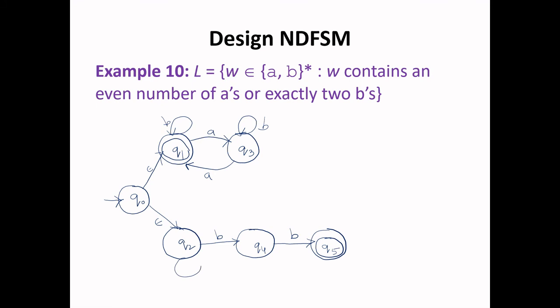So here self loop A, self loop A, self loop A. So this is the NDFSM obtained for the two sub-languages having even number of A's or exactly 2 B's.